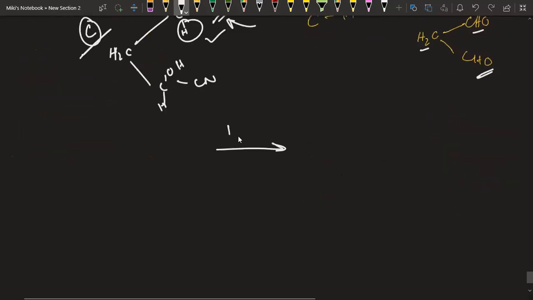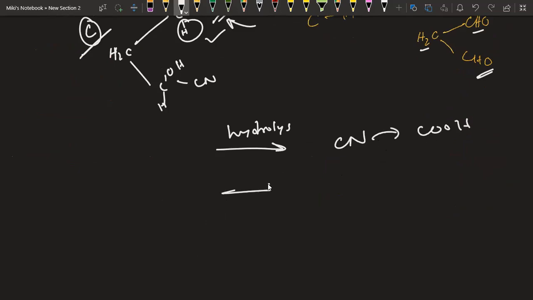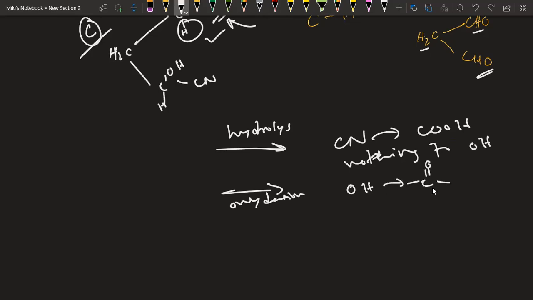That means hydrolysis is causing CN to get transformed to COOH, but nothing happens to the OH group present. Okay, but oxidation is converting OH to ketone, but nothing happens to our cyanide group.